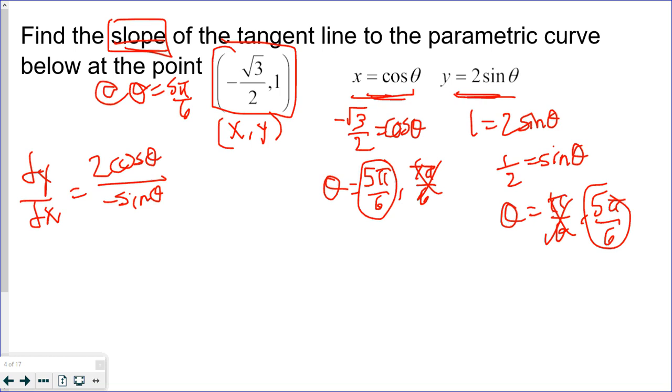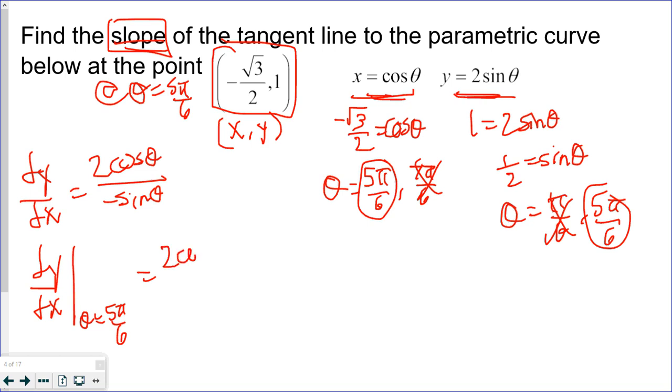So if I want to know the slope at this point, it's asking me what the slope is at theta equals 5 pi over 6. So I'm going to plug in 5 pi over 6 everywhere I see a theta.